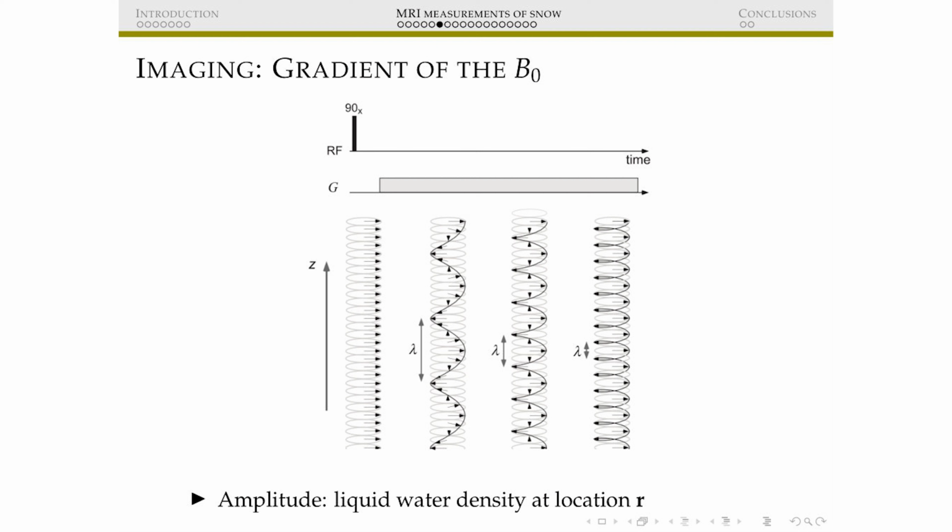How we actually do measure images is that we do not have one magnetic field in the z direction, but we apply a gradient. So all those spins will precess with a slightly different frequency. And then we target the free induction decays that we can measure at every different frequency. And this is how we build up an image.